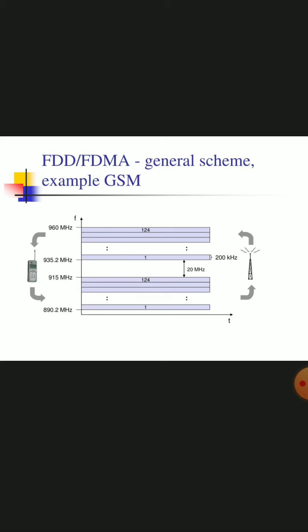We allocate fixed frequencies, in combination with this. Here the frequencies are 890.2 megahertz, 915 megahertz, and 935.2 megahertz. Uplink is available, downlink is also available, right.